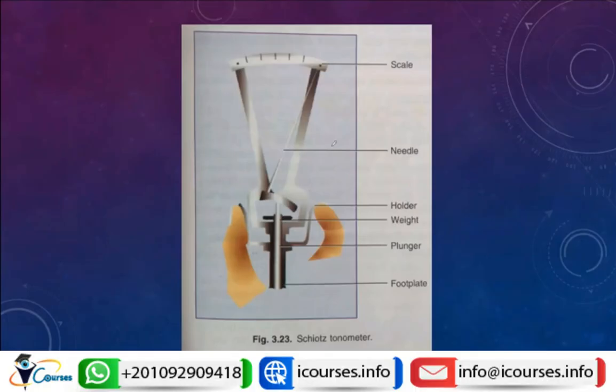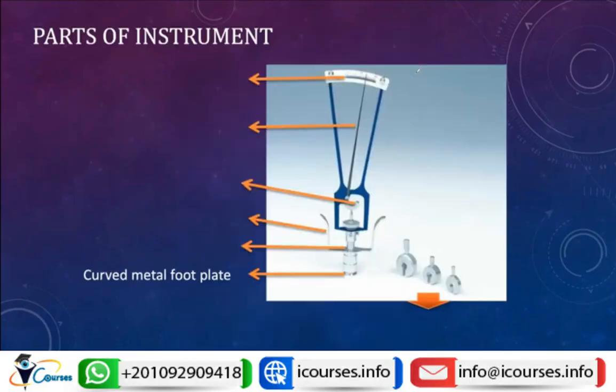This is how it looks, the Schiotz tonometer. We hold it from here, then apply this foot plate over the cornea and apply weights here until we reach a scale recording, and then we compare this scale recording to a table of intraocular pressure measurements.